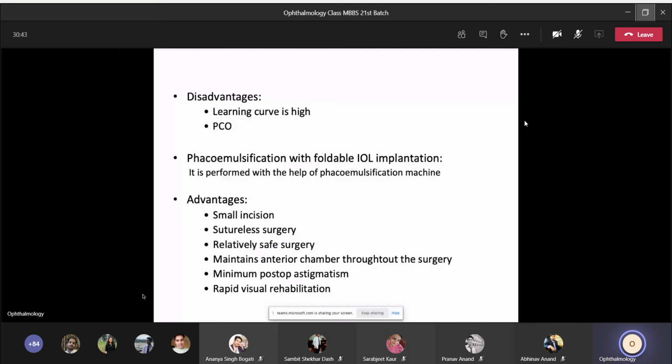Since this is a closed chamber technique, the anterior chamber is maintained throughout the surgery. And since the incision is so small, the post-operative astigmatism is also very small, and the visual rehabilitation is very rapid.